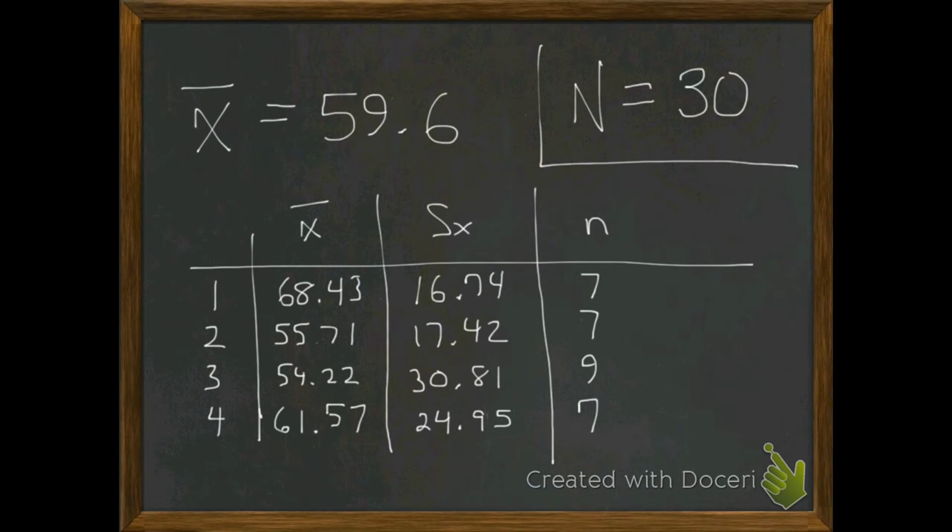Alright, so here's what we have going on. We have our cap N is 30. The grand mean for all 30 observations for read is 59.6. Then the sample sizes, so these are the n sub i's, and this is the i, our ith group.